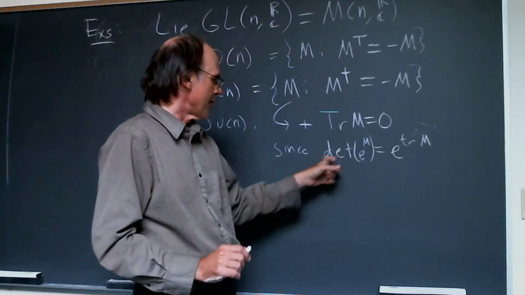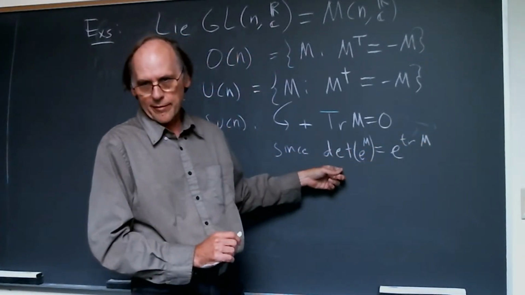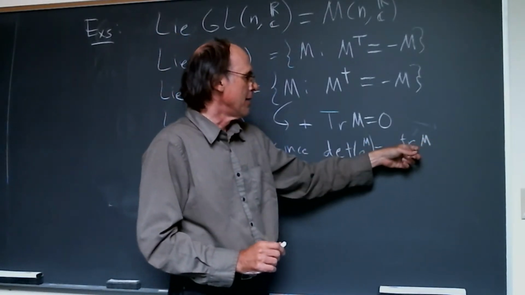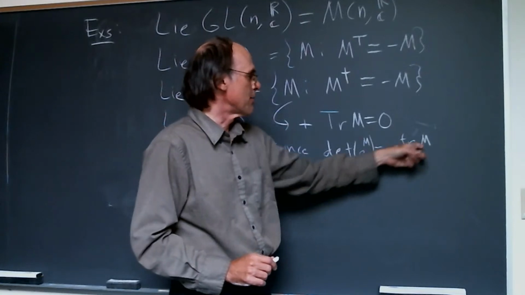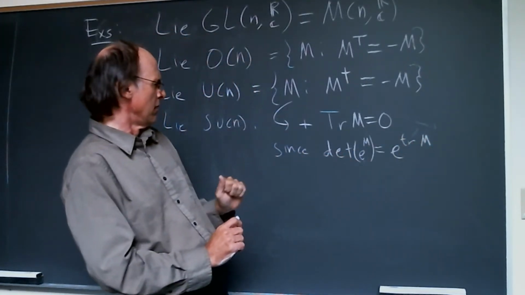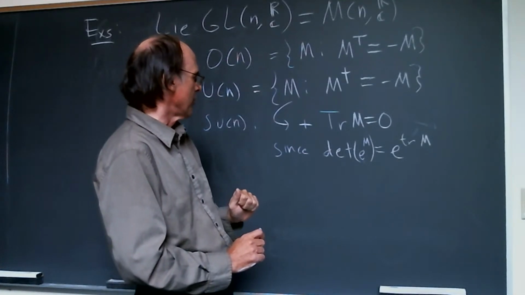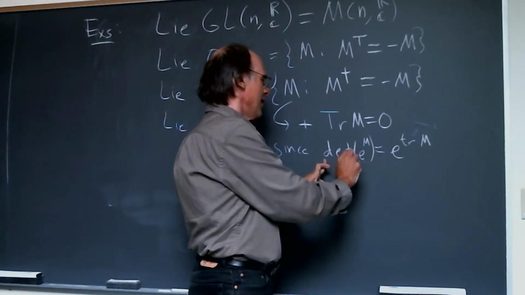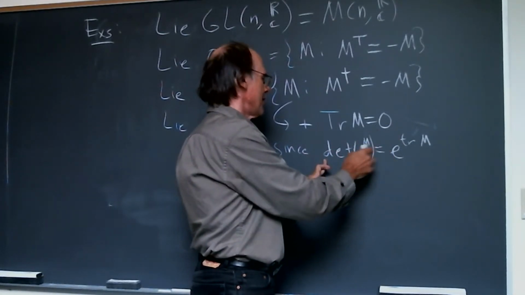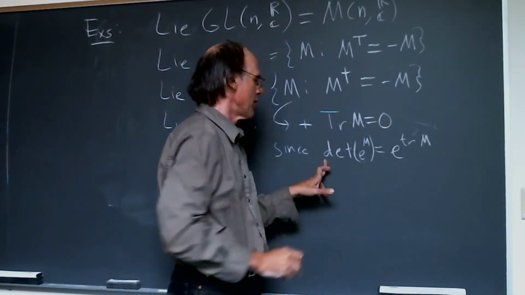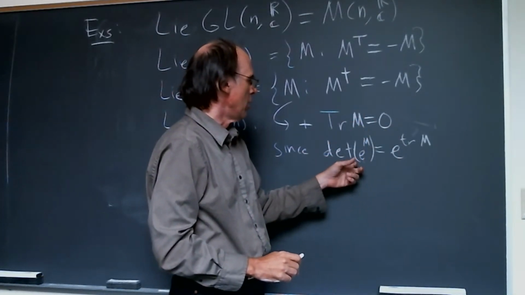On one side you're taking the product of the diagonal elements, and on the other side you're summing the diagonal elements, and when you exponentiate, you turn a sum into a product. So there is a formula like this relating the determinant to the trace, and then the determinant being 1.